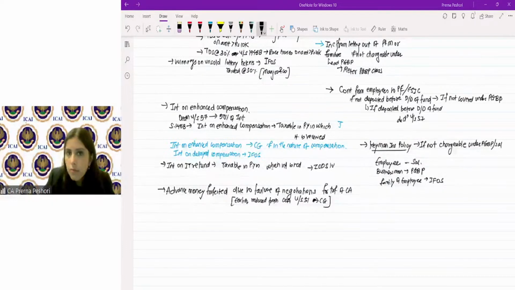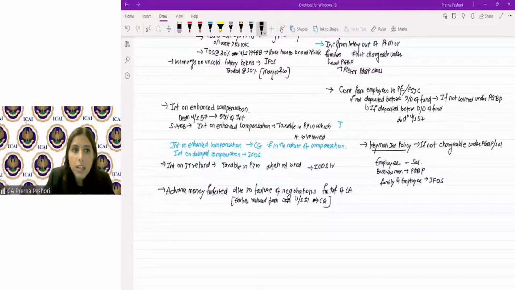Fine. Okay. Is it clear? Yes or no? Yes, Usha, right. You're correct. Fine. So these are the incomes which are specifically chargeable, and those which are chargeable here if not chargeable under any other head.